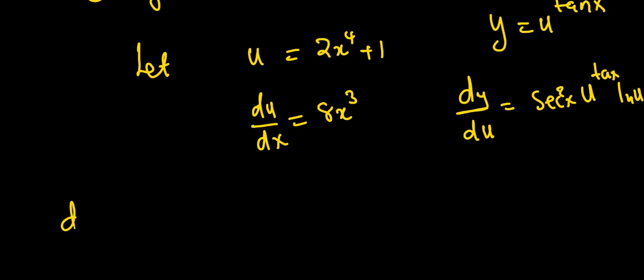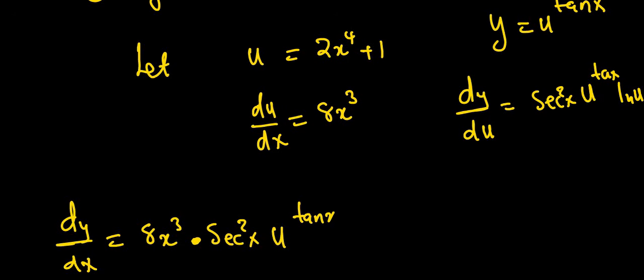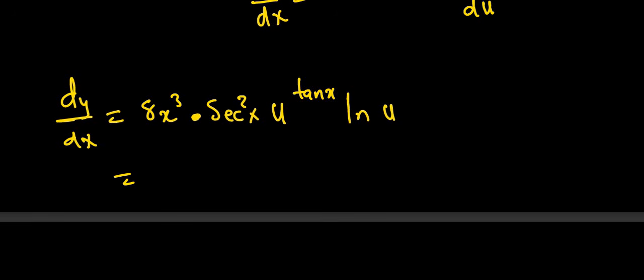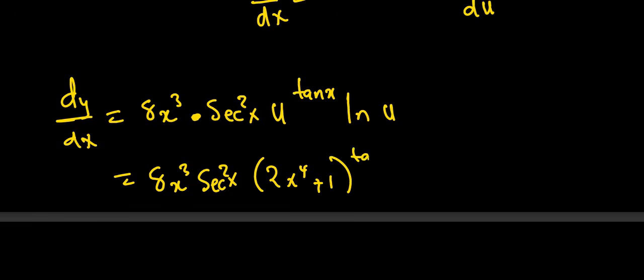So we multiply these two guys. dy/dx is equal to 8x^3 multiplying sec squared u, then tan x, then you have ln u. We replace where there's u, we put back everything that we had, which was just 2x to the power 4 plus 1: 8x^3 sec squared of (2x^4 plus 1), and the tan, then this is just ln of 2x^4 plus 1.